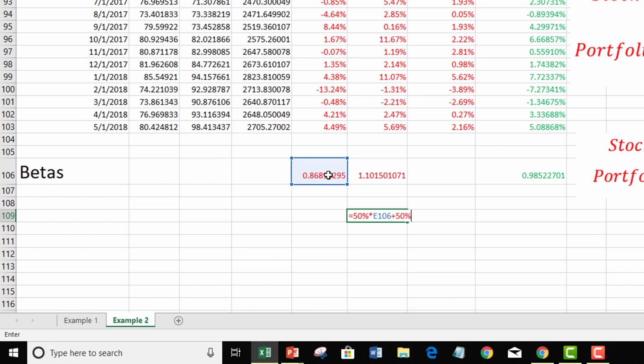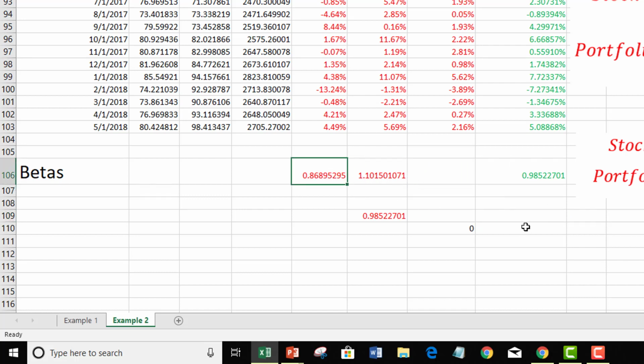50% times the beta of Microsoft. So that should be the same as the portfolio beta. So that means, let's look at this. This guy minus this guy. That should be equal to 0, right? Which means the portfolio beta is the weighted average of individual betas, and that always holds.